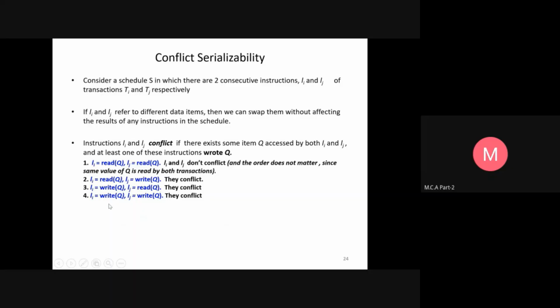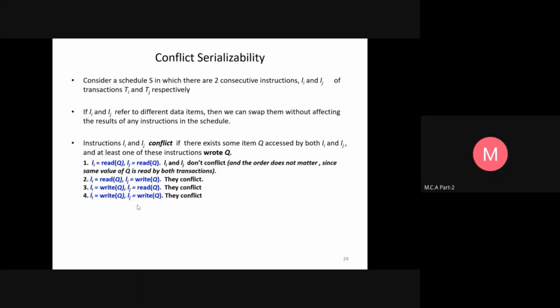Now, if Ii does a write on Q and Ij also does a write on Q, they also conflict, because the next instruction that does a read on the data item will get the last updated value.